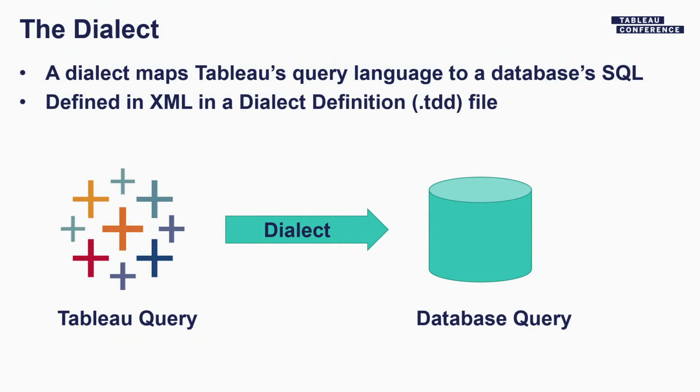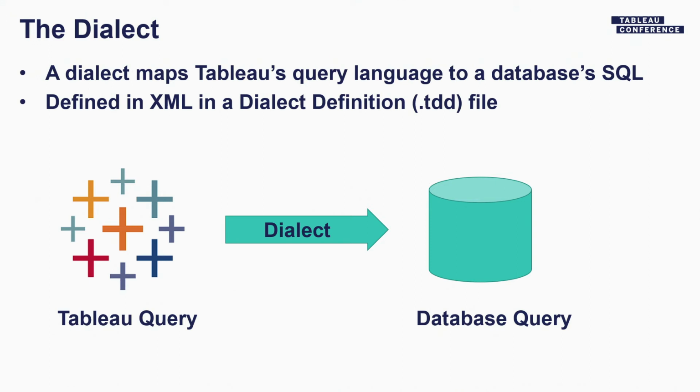So when you're making a visualization in Tableau and you drag your dimensions and measures onto that visualization, Tableau will generate a query. And this query is generic against all databases that Tableau connects to. However, it will not actually work if you just throw that query.